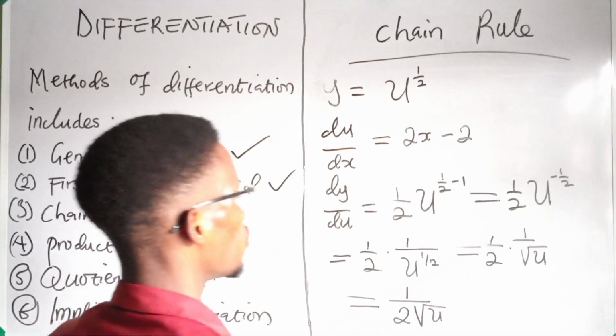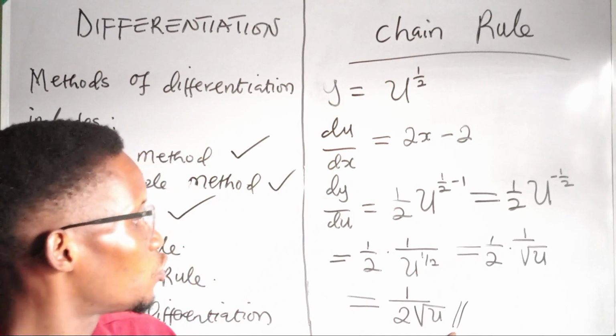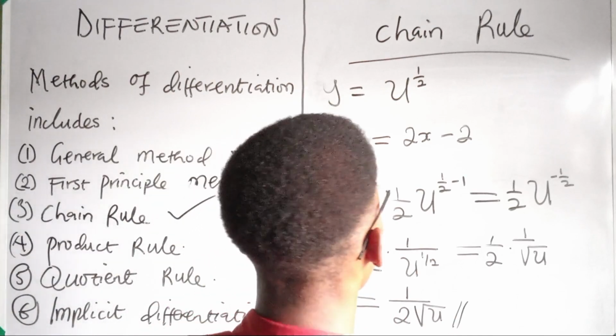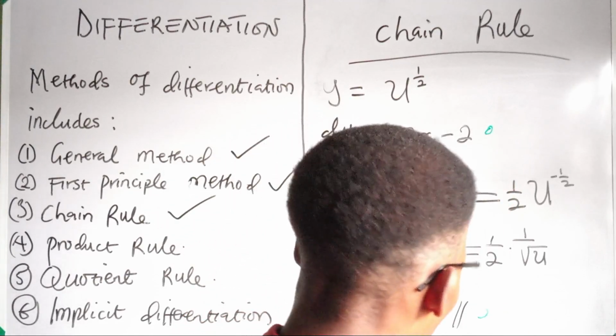That's what we got for dy over du. Then we got du over ds to be 2s minus 2. So that's what we got.